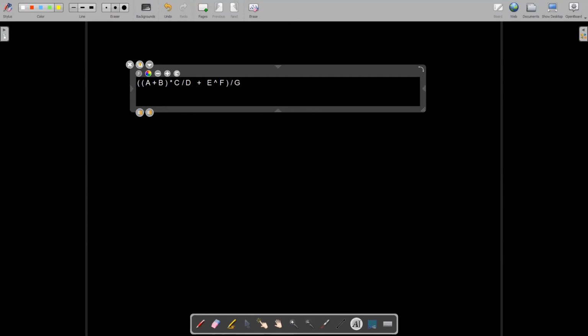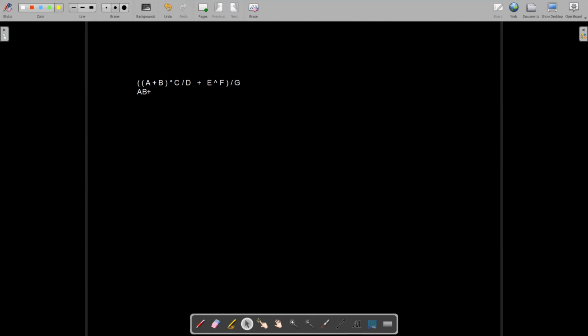In this, firstly, A, B and plus you are going to do. Next it is multiplied by C. Now multiplication, division, addition and exponentiation is there. Out of these, which one should you do first?